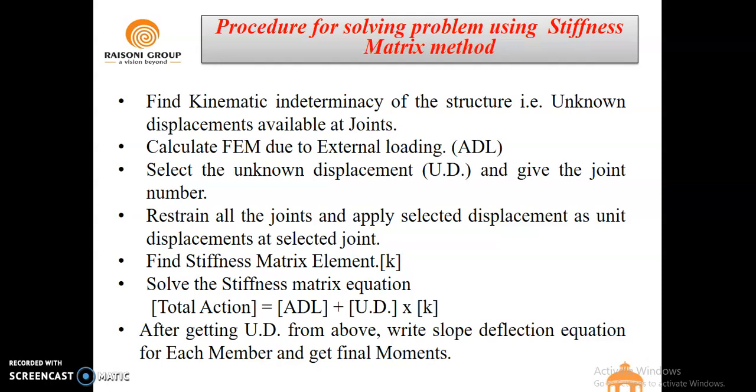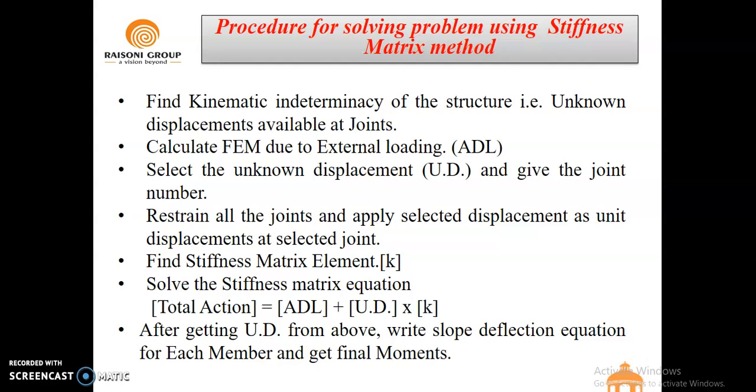Then select the unknown displacement, which I am notifying as u dot d, and give the joint number, meaning provide that joint an ordinate number. Then restrain all the joints and apply the selected displacements as unit displacements at selected joints. Then formulate the stiffness matrix and find its elements, that is matrix K.